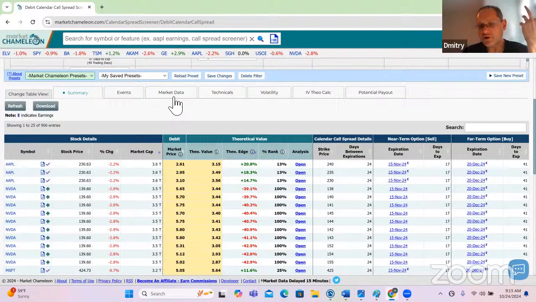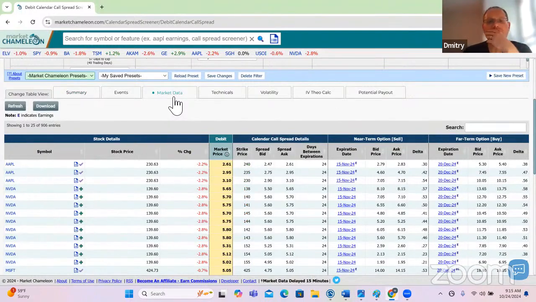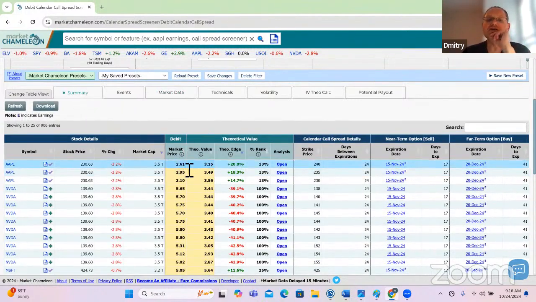The market data here gives us a little more information about these options. So for example, I'm going to come back for a second to the summary. Sorry for keep doing this, but in the summary, you could see that we're evaluating the price of this calendar spread based on the displayed offer of that spread.